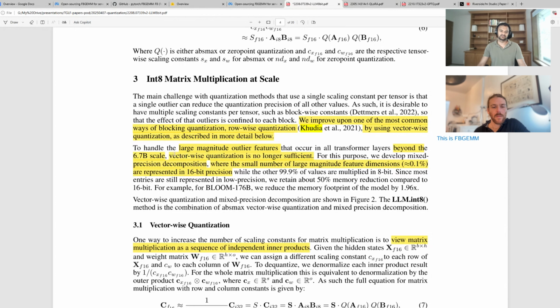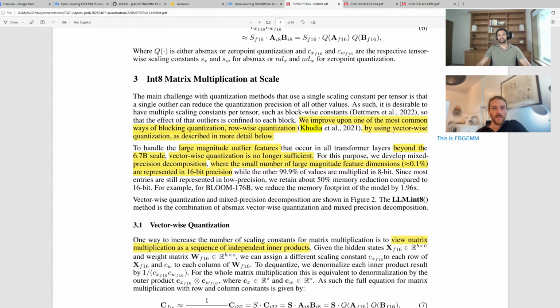I think this is an interesting take. Even though they use vector-wise quantization, that's not sufficient. So they use a fallback mechanism: they identify those outlier features, and then they use 16-bit operations.